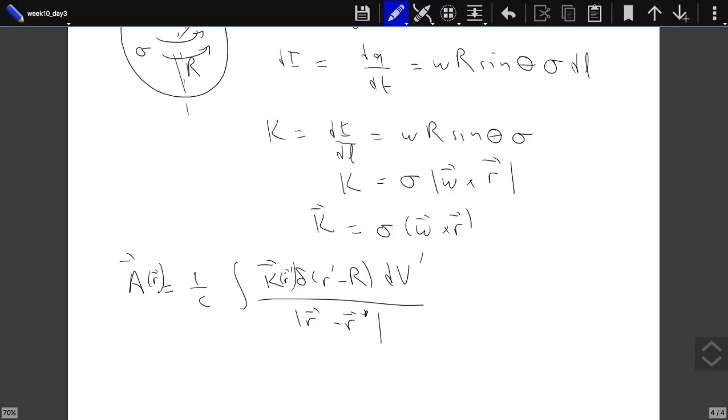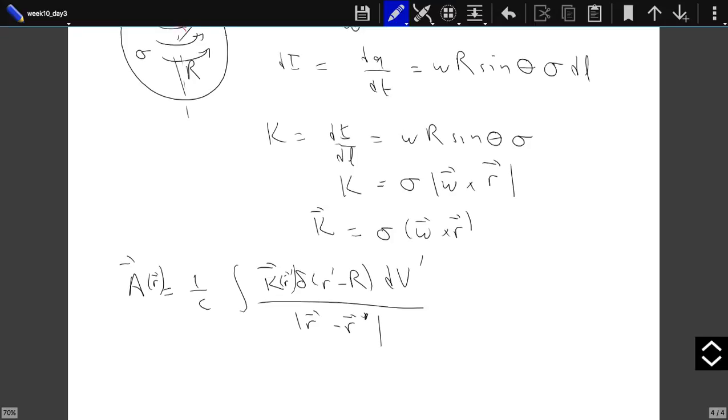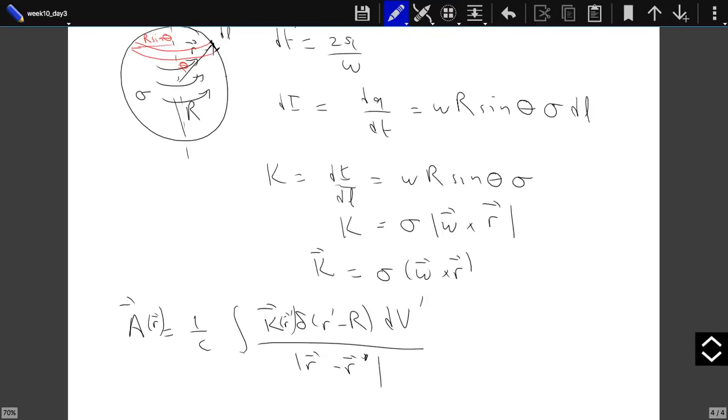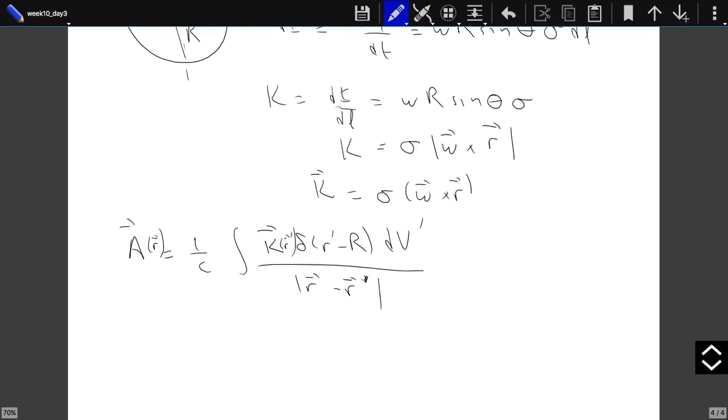You can just try to evaluate. The derivation is in your book, so I will not repeat it. Let's just do another thing. What we are interested in, we know the current density. We are interested in calculating eventually the magnetic field. Once we obtain the vector potential, we can take its curl and calculate the magnetic field.